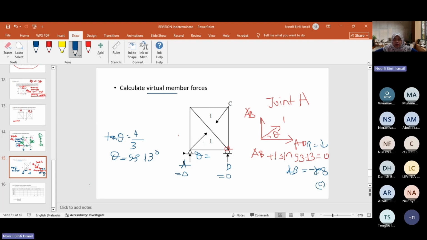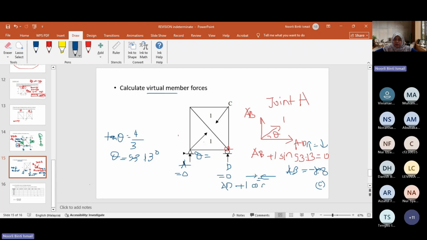Okay, how about FX? Because we don't find yet AD. AD we don't find yet. So to the right, we have AD plus 1 cos.